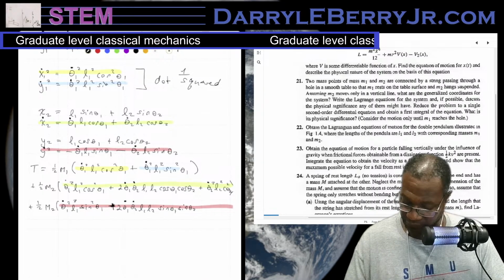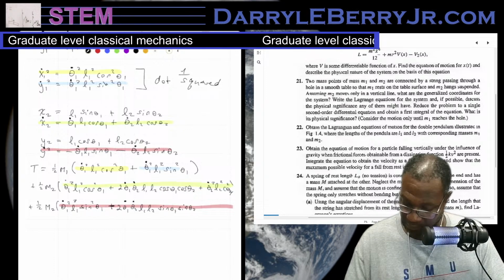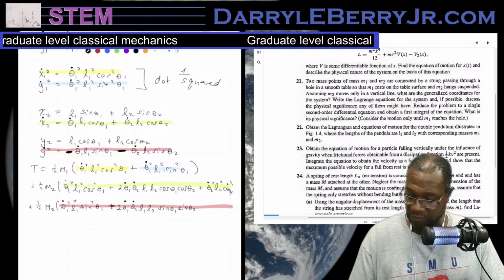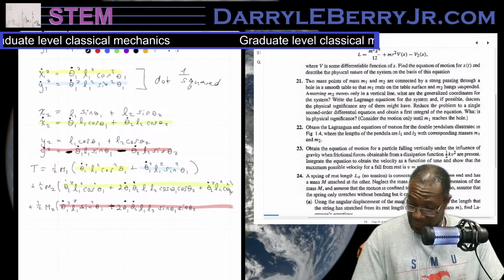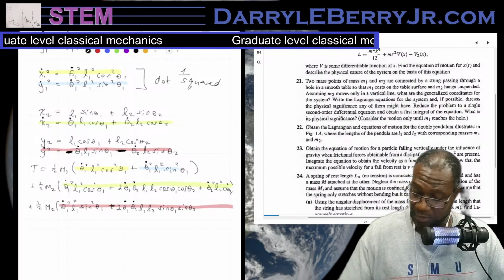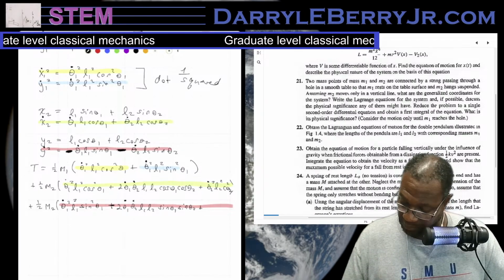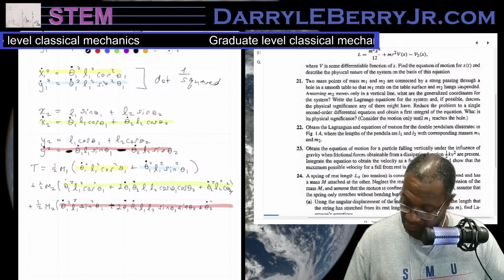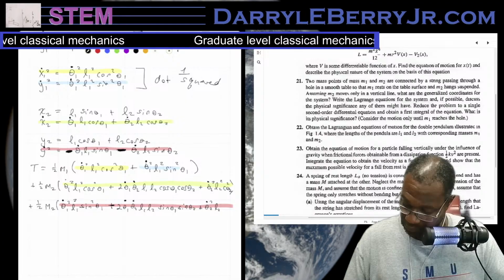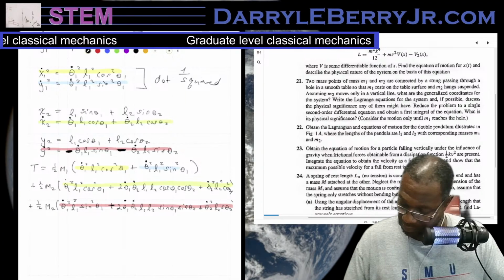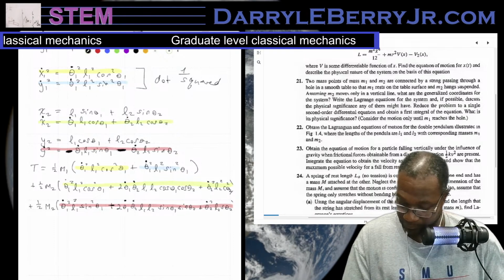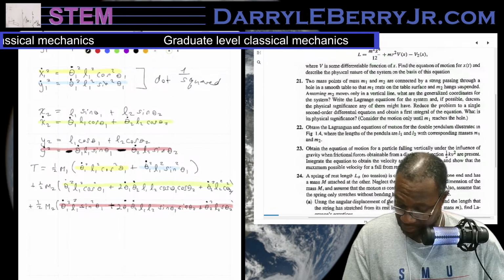I'll overlook this negative in the front here. So there's a negative in front from the derivative, so actually everything here is positive. Plus theta 2 dot squared L2 squared sine theta 2 squared, and close that. All right, so we have that. I think that is right.